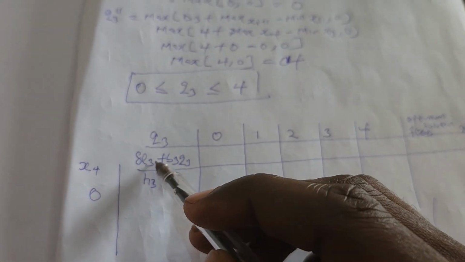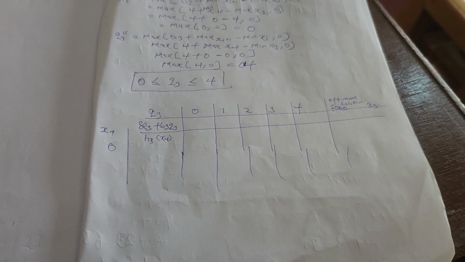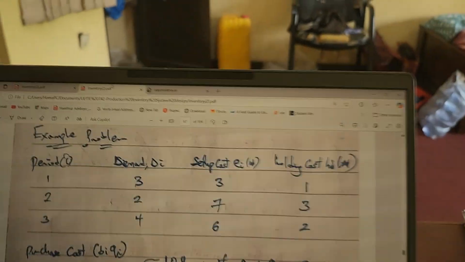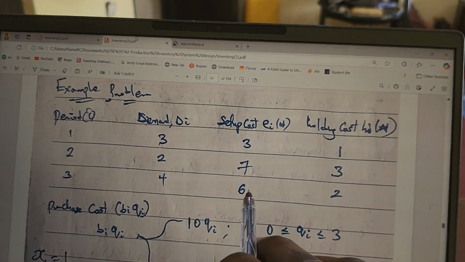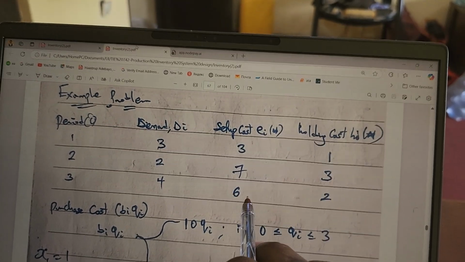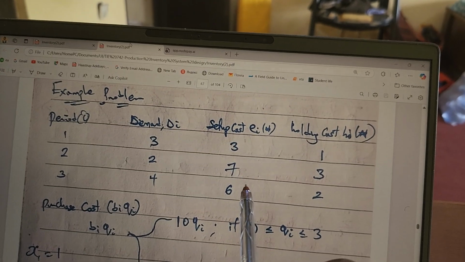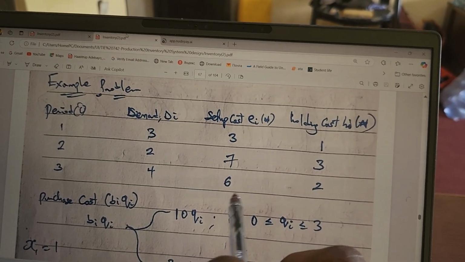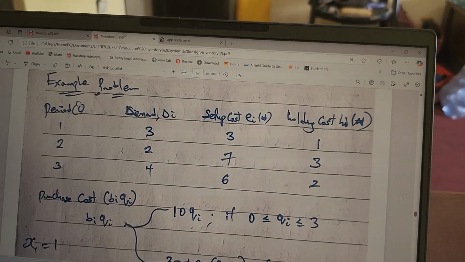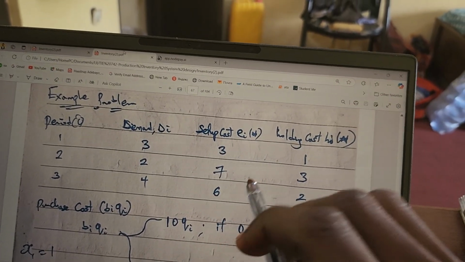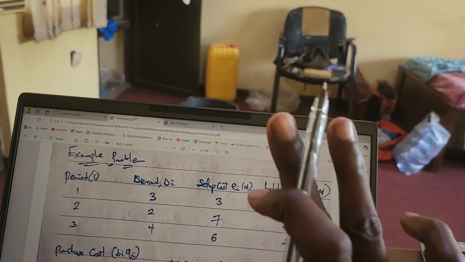Our setup cost from our question for period 3 is 6, and our setup cost is 6 when our Q is greater than 0, and it will be 0 when our Q is actually 0. When Q is greater than 0, it will be 6, and if not, it will be 0. That's the foundational principle behind this whole thing.